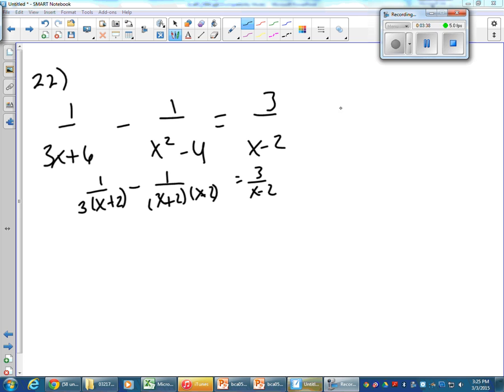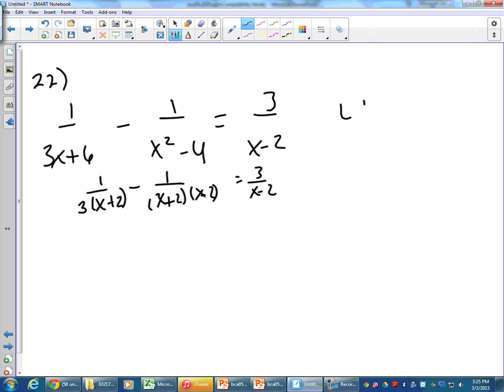So my LCD, when I'm looking for that, is going to be 3 and x plus 2 and x minus 2. So multiply 3, x plus 2, x minus 2 by every term, using parentheses.